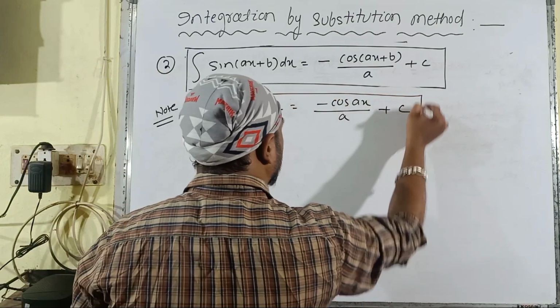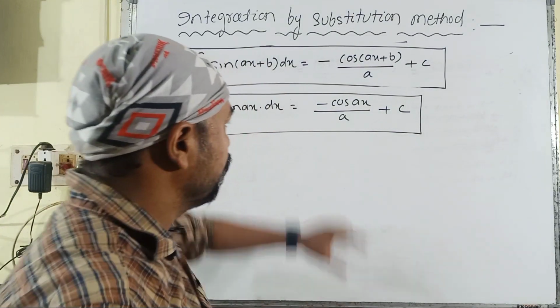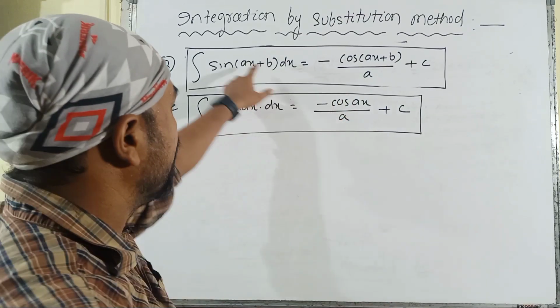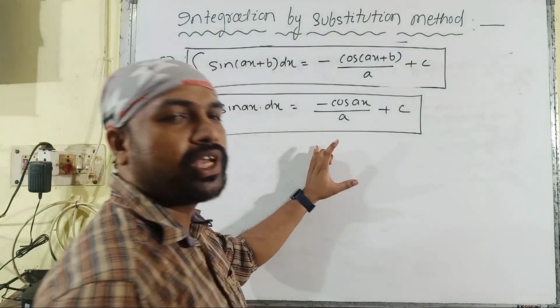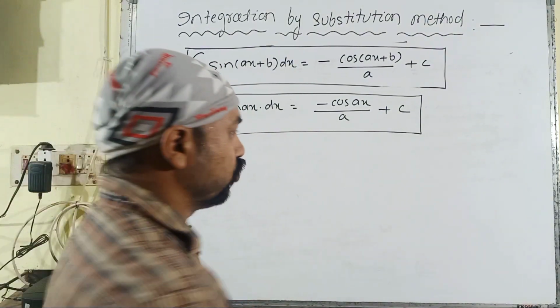This is the note that can be derived from theorem number 2. You can see that both processes are very similar to each other, just ax is used in place of ax + b. Similarly, we can prove this note, or corollary, by using the substitution method.